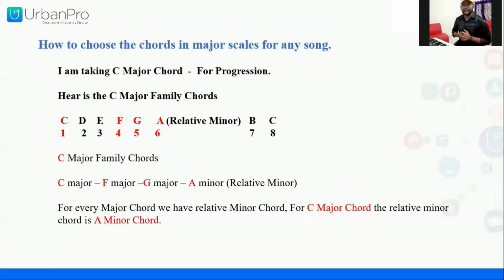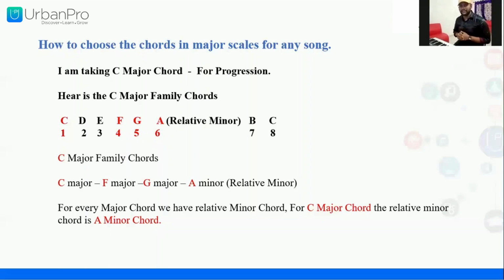Here for our convenience, I'm taking the C major topic actually. So I'm taking here C major chord. In the previous slide we saw the C, E, G. In the C major chord, how the family chords came, how it is coming from the root, is a very vast topic actually.